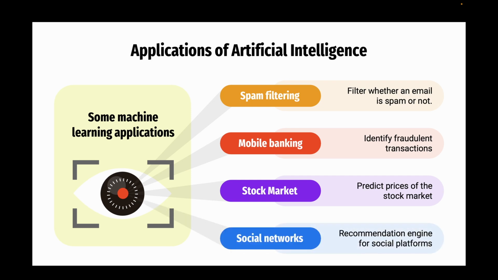Then there is social networks, and this is a very popular example, and it is something that has affected all of us, whether we know it or not. And so, what social platforms do is that they run a model, and let's say we take Instagram as an example.